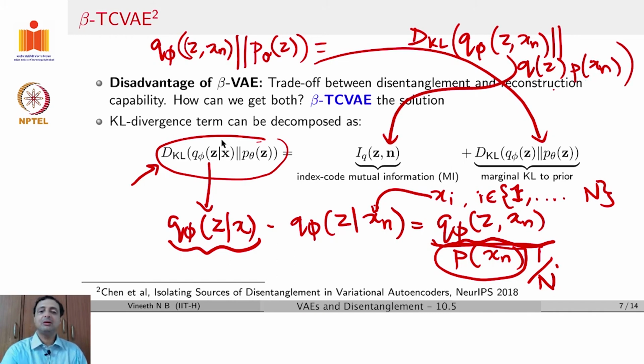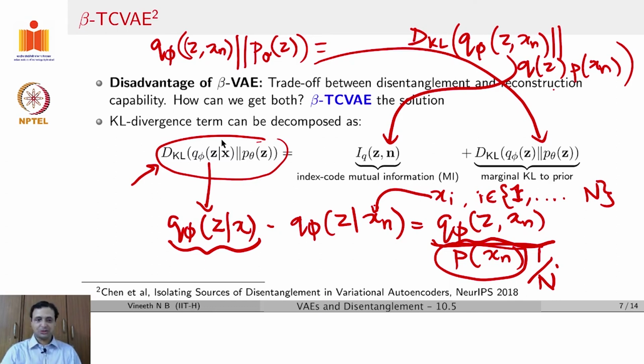This is given by the mutual information between z and n. n denotes the indices of the data points on x. Note that mutual information is defined as a KL divergence between the joint distribution of two random variables and the product of its marginals, up to a constant factor.